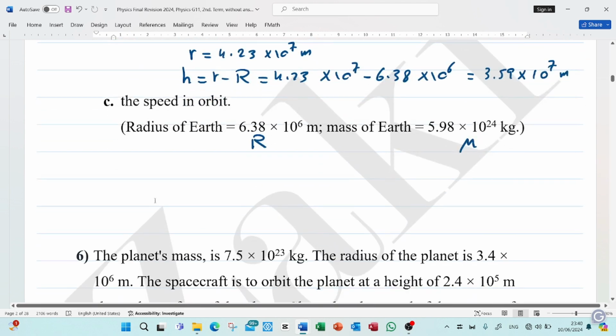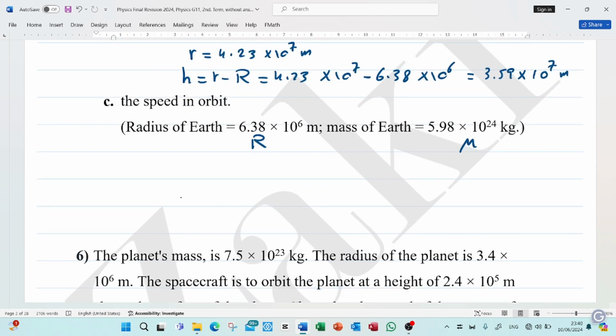Part C, we need the speed in orbit. So the speed in orbit, we can say v equals 2πr over T, no problem, or square root of GM over r, the same. Okay, now it's 2πr, with r small.